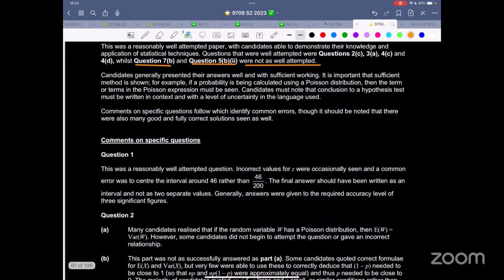Candidates generally presented the answer well and with sufficient working. And then it says it is important that sufficient method is shown. For example, if a probability is being calculated using a Poisson distribution, then the term or terms in the Poisson expression must be seen. Candidates must note that the conclusion to a hypothesis test must be written in context and with a level of uncertainty in the language used.